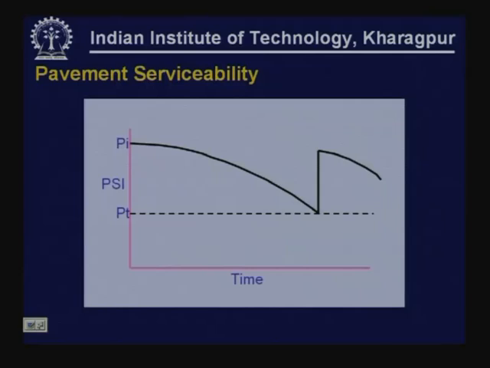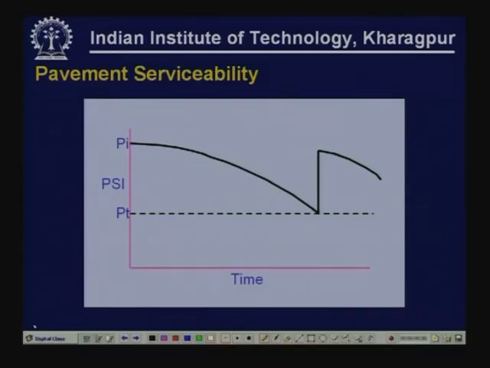As we indicated earlier, the performance of the pavement can be represented by the serviceability index of the pavement. For example, in this chart, we see how the present serviceability index is going to vary with time. Soon after construction, this is the serviceability index that is available, but with time this is going to deteriorate.